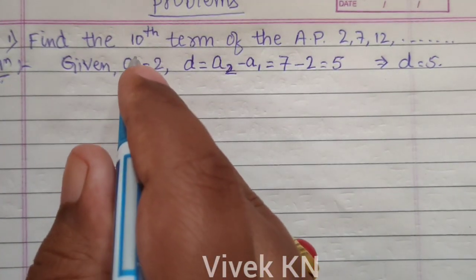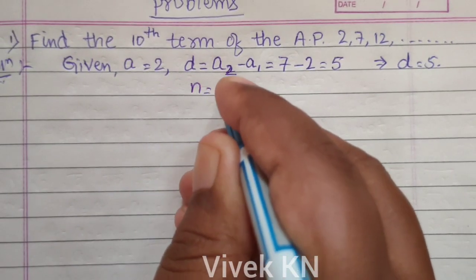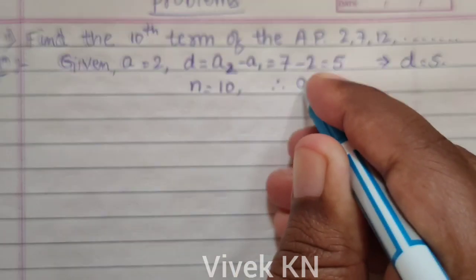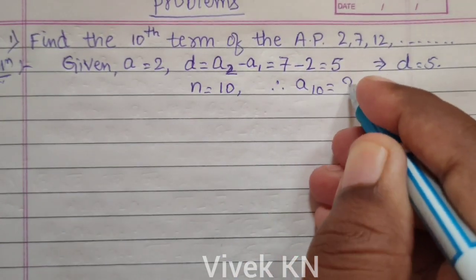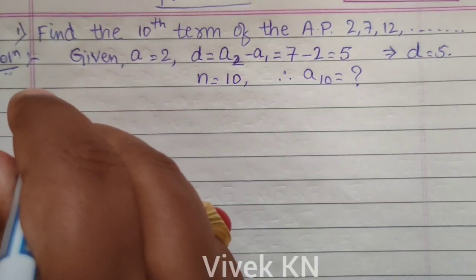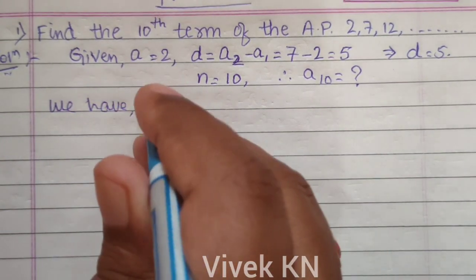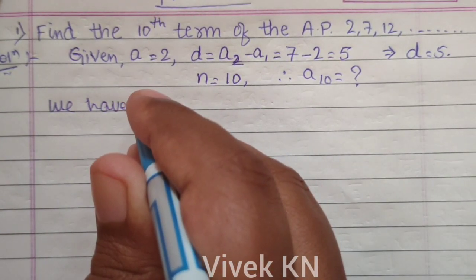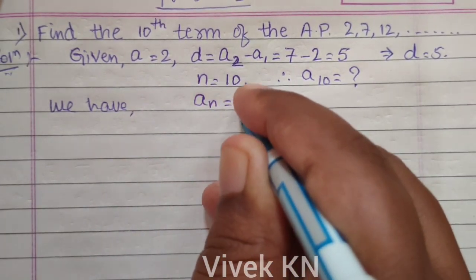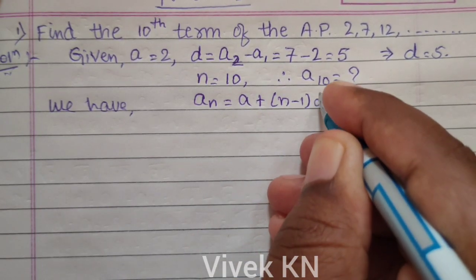Then we have to find the 10th term, that is n is equal to 10. Therefore a10 is equal to question mark. Now we have the general formula to find the nth term of an AP. an is equal to a plus n minus 1 into d.